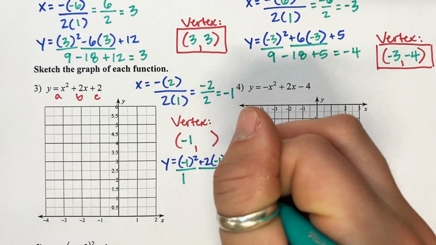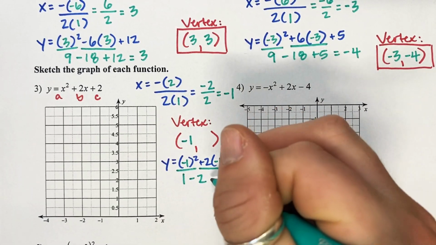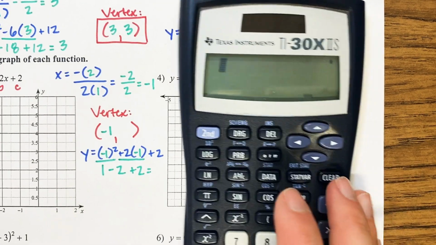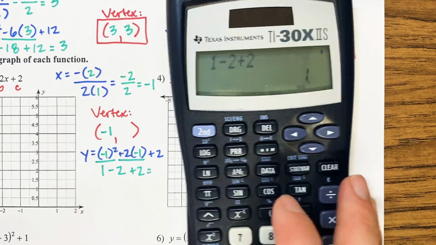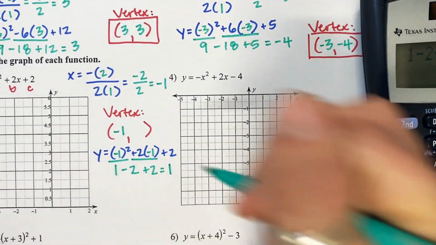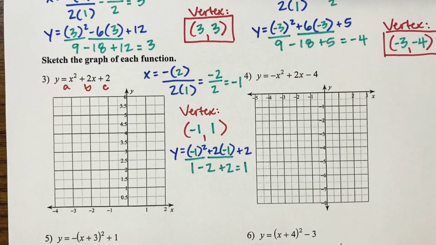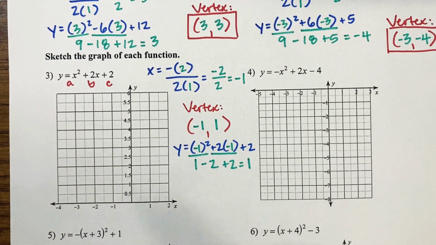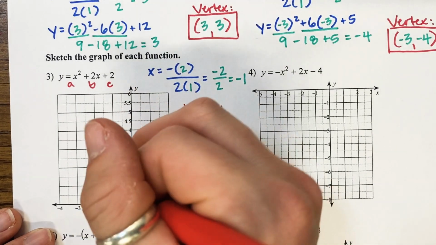Now I need to multiply positive 2 times negative 1. It gives me negative 2, and plus 2. Now we can put this into our calculator. 1 minus 2 plus 2 equals 1. So the y part of our vertex is positive 1. Now we can go ahead and graph our vertex. Find negative 1 on your x-axis first, then go up to positive 1.